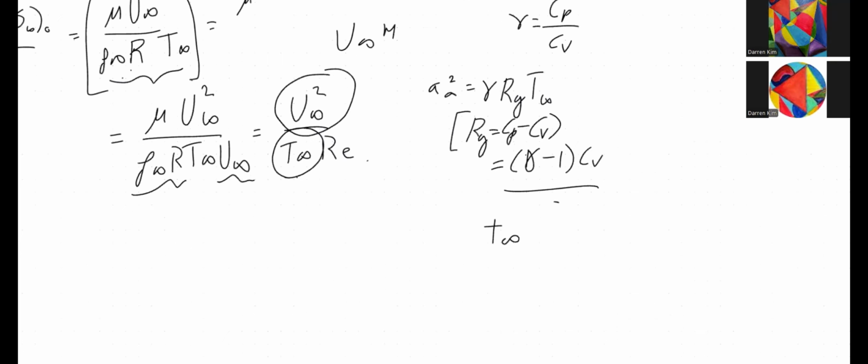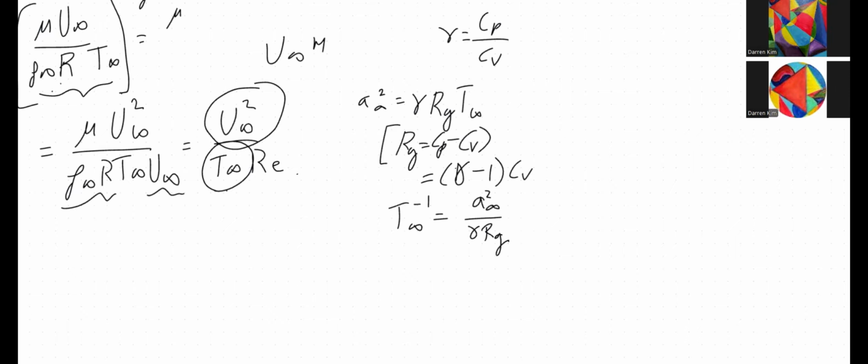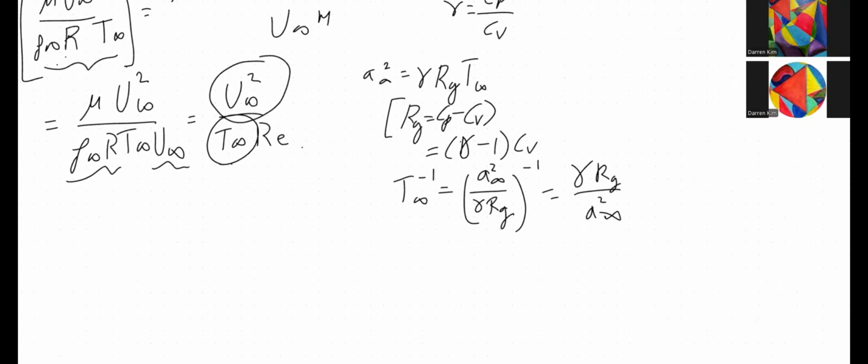No, no, no. It would be T infinity, think about it, and then we inverse that, so that equals alpha RG divided by A squared infinity. And from that, A infinity squared, and then we have rho RG divided by RE.